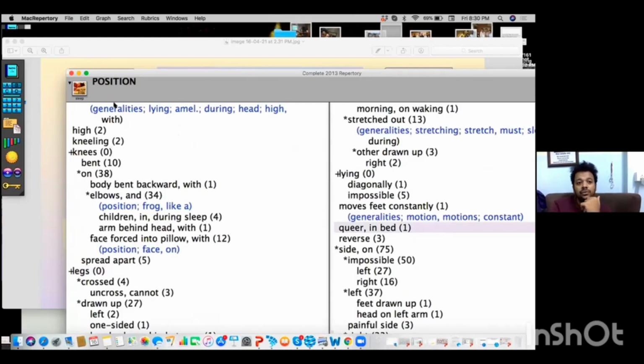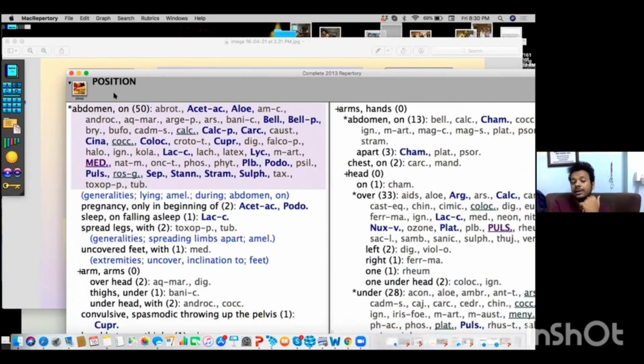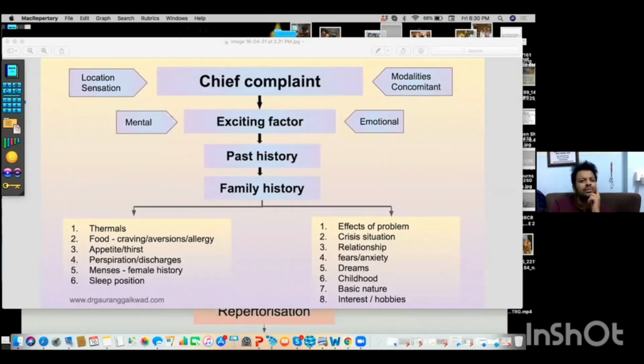Many cases of children, developmentally delayed children, etc. Biggest remedy wanting to lie down on the abdomen, medorrhinum. I've helped so many patients with medorrhinum. Sometimes just with this symptom and many other symptoms also. Sleep position, very important. Are you all with me?